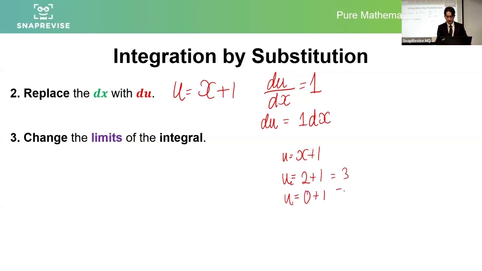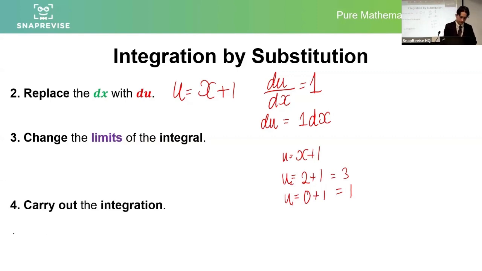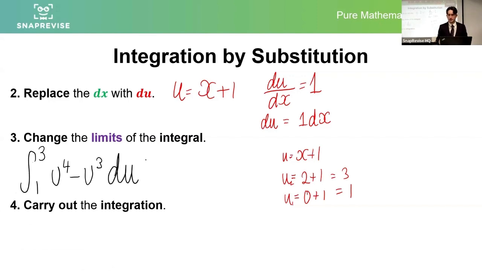So 3 and 1. So basically my converted integral that I now have is I've changed the u bounds to 3 and 1. I have the integral of u to the 4 minus u to the 3, and I'm going to do it with respect to du because du replaces dx.